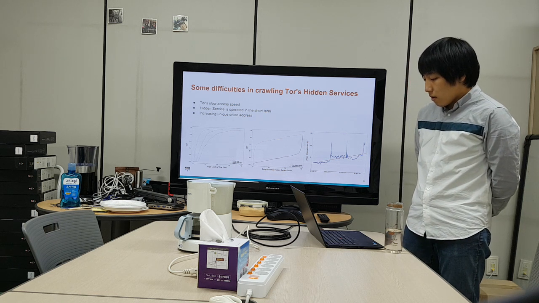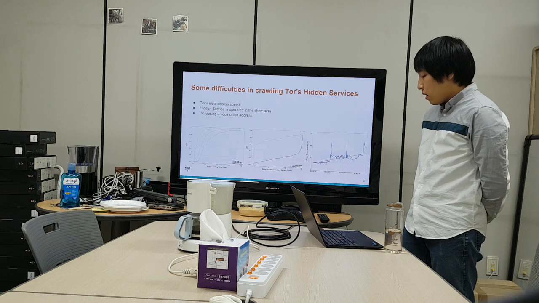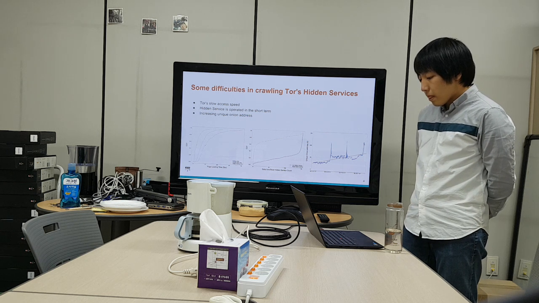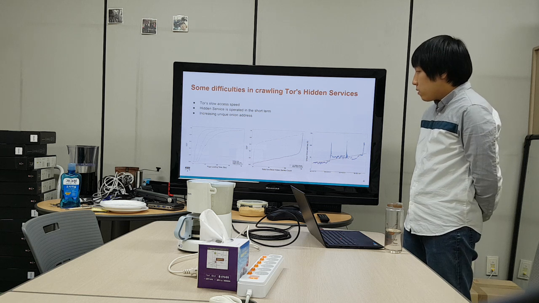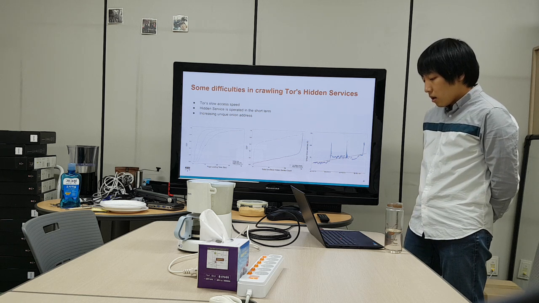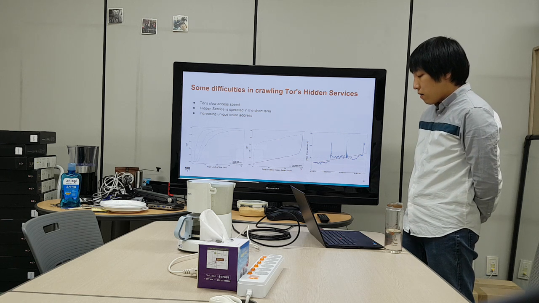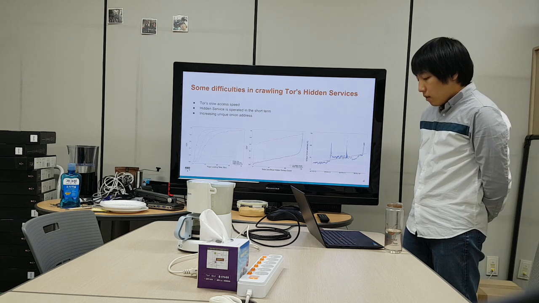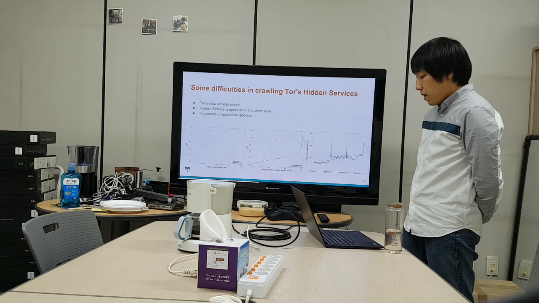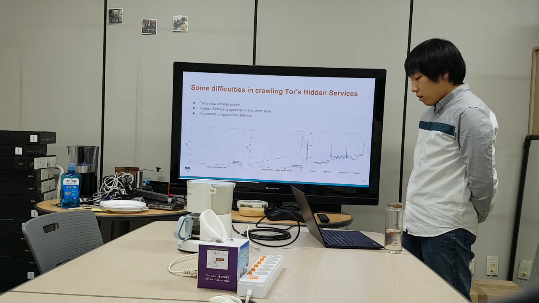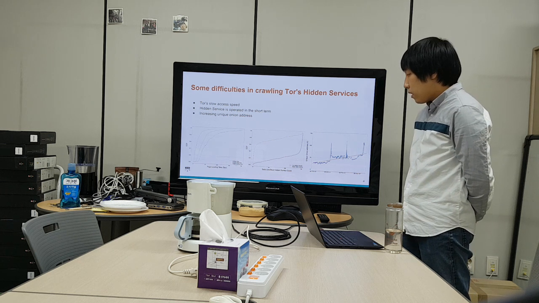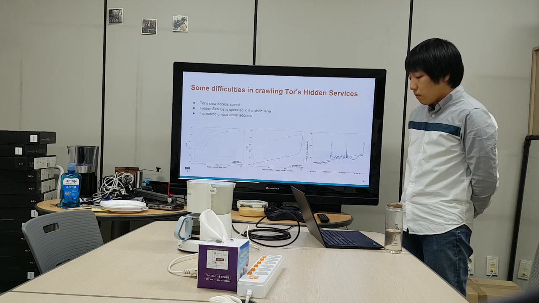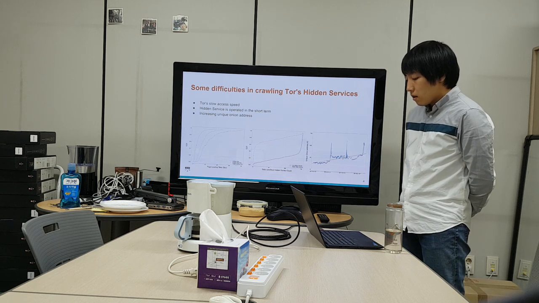Second, hidden service is operated in a short term. Hidden services are often irregular and often change their onion address. 40% of hidden services could not be accessed for more than 10 days in 150 days.